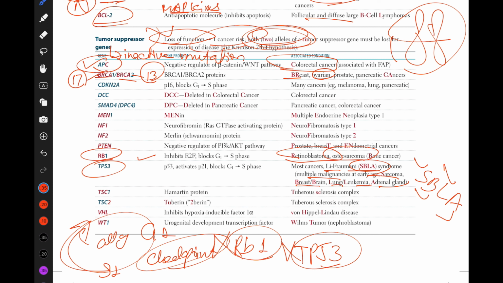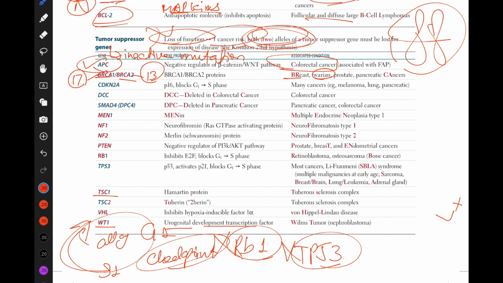And secondly, how RB1 works. Cyclin-dependent kinases bind cyclin D, and cyclin D attached with the cyclin-dependent kinase makes RB1 inactive by phosphorylation. There are more genes here like WT1.